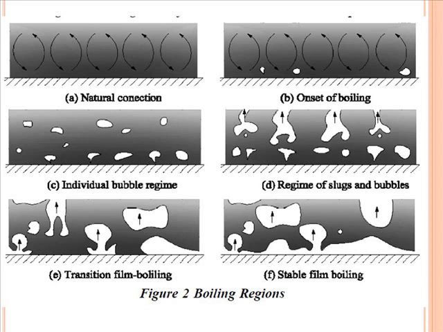In figure number 2B and 2C, we will observe that the bubble will start to grow, but as the excess temperature is less than 30 degrees Celsius, the bubble will detach from the surface. They are moving in upward direction, but they will condense in between, and it is called unstable nucleate boiling. So the bubble will not reach the upper part of the system.